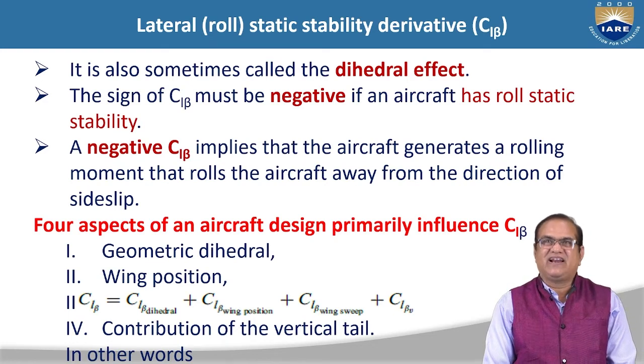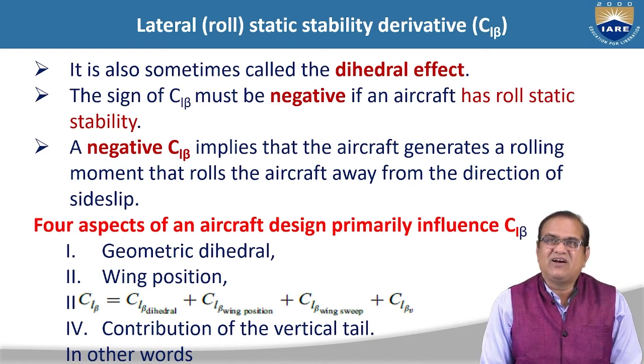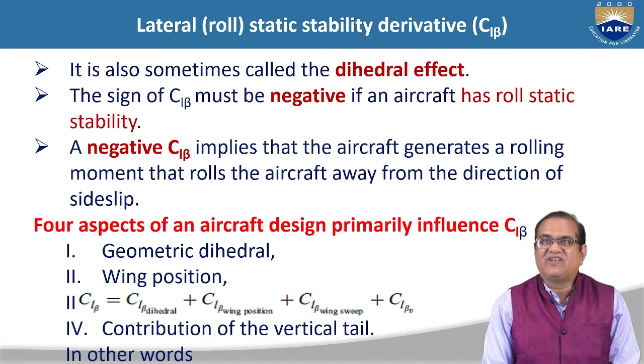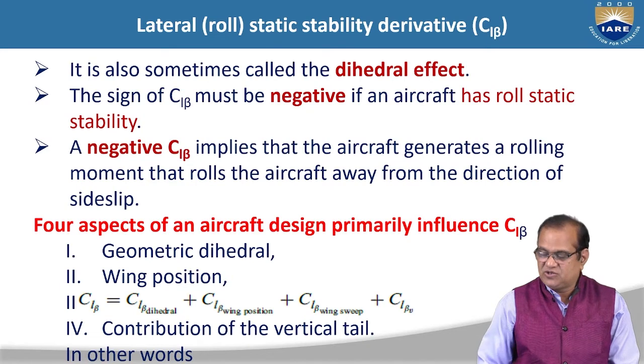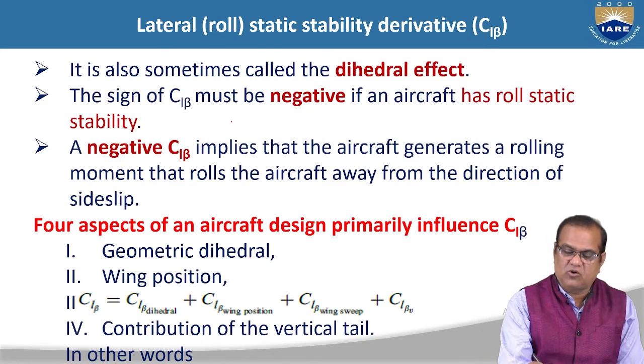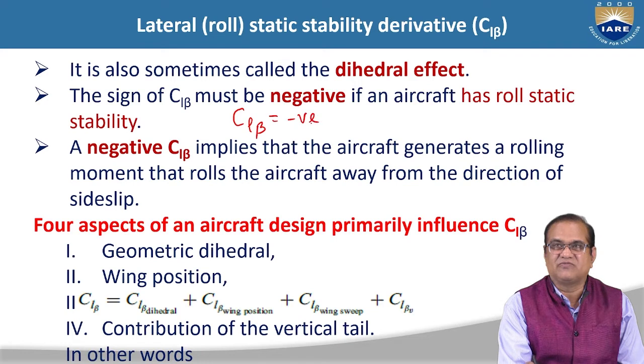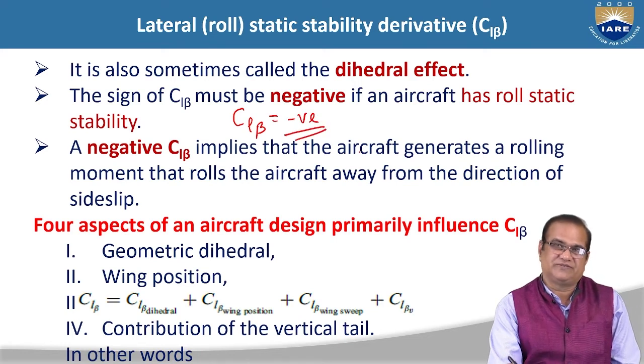The sign of C_L beta must be negative if an aircraft has roll static stability. So in rolling, if the aircraft is statically stable, C_L beta should be negative. That is very much important.